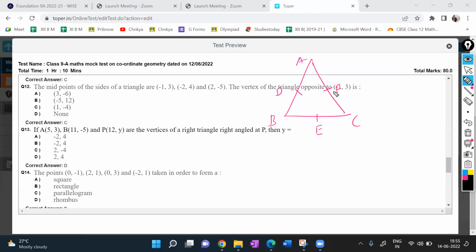If you observe this properly, DF is parallel to BE or not? Yes, sir. And EF is parallel to BD or not?